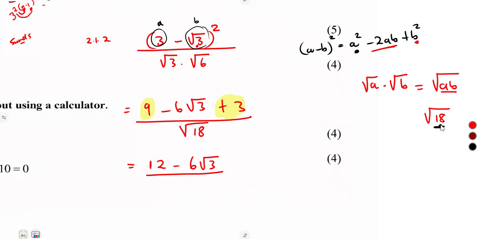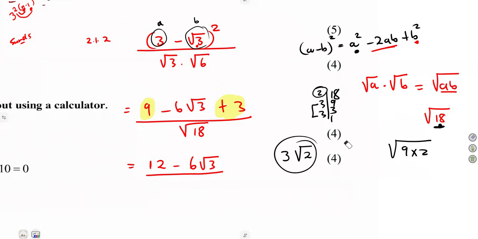So the highest perfect square that we have in 18 is 9. 9 times 2 gives us 18. Or you write it as a product of its prime factors: 2, 3, 3. Where there is a pair, you write it outside of the square root. Where you do not have a pair, you write it under the square root. So it's going to be 3 square root of 2.